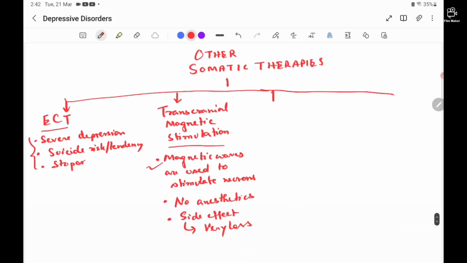Then another modality is vagal nerve stimulation. So CN10, the cranial nerve 10 or vagal nerve, is stimulated using electrodes.